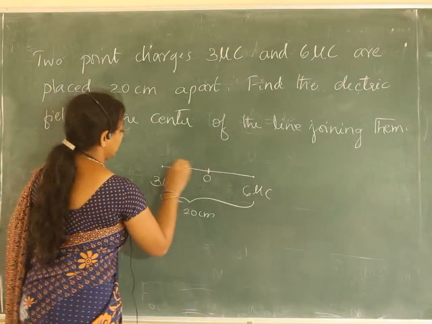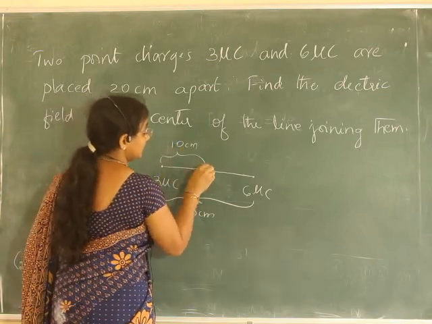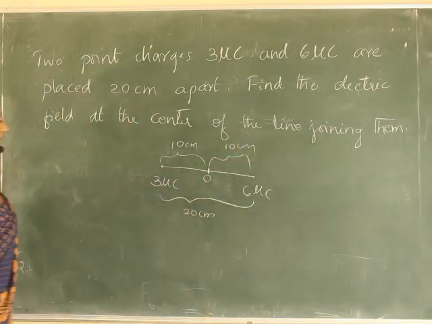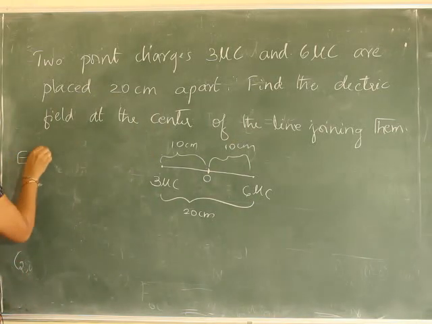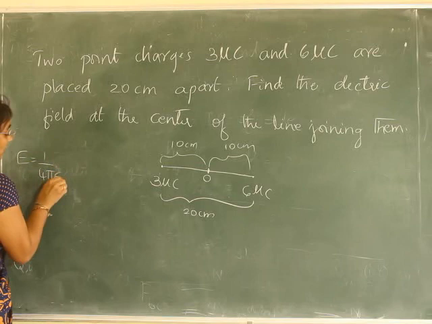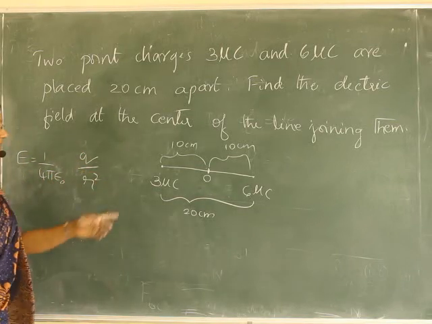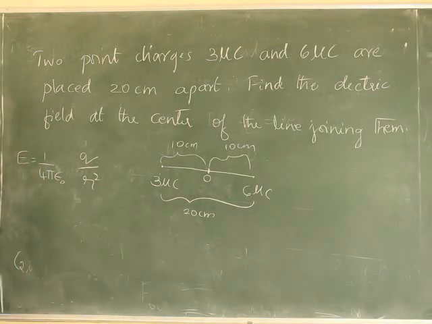What is this distance? 10 centimeter. And this one is also 10 centimeter. Formula: E is equal to 1 by 4 pi epsilon naught Q divided by R square. Use this and try to solve this problem.